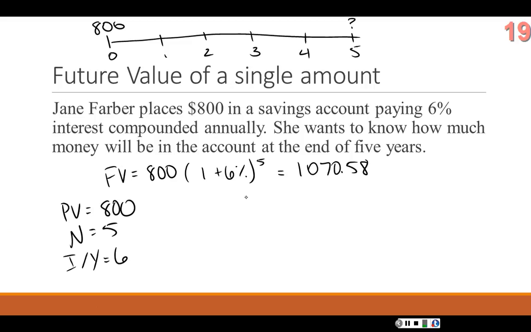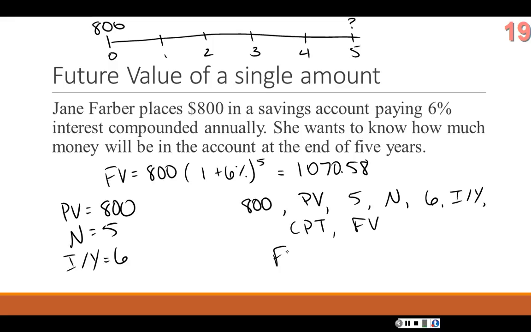So the steps that you take here is you type in 800, PV, 5, the N button, 6, and the IY button. Then you push the compute button and future value.